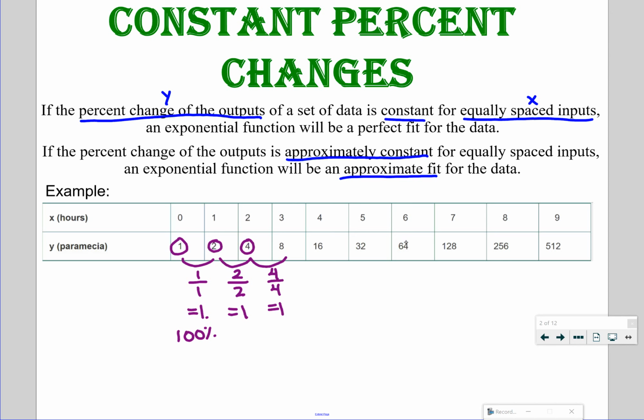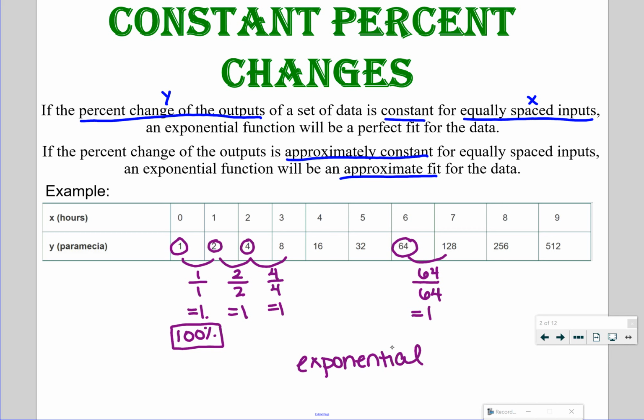And you'll notice whatever set I pick, let's say I pick 64, increase here from 64 to 128, if you subtract them, you get 64, divided by what you started with, will also give you 1, and that's going to be consistent throughout this table. So there is a constant percent change, a 100% change. So that means that an exponential model would be a good fit here.